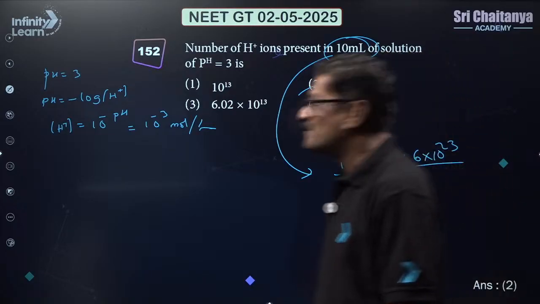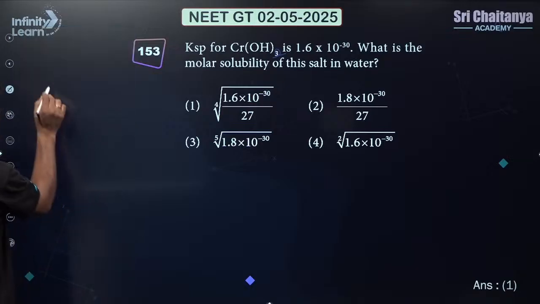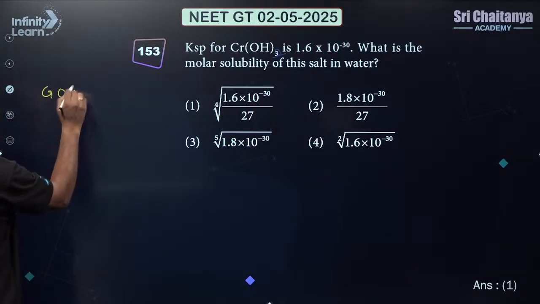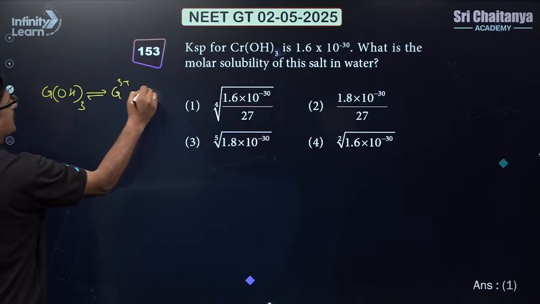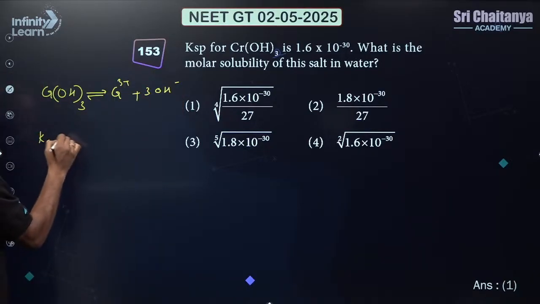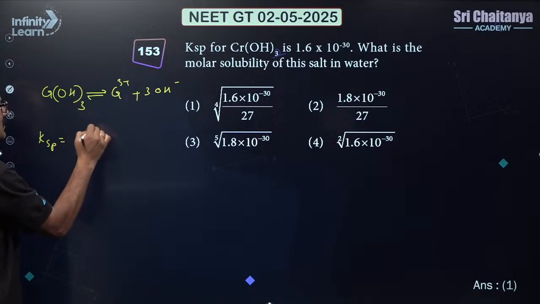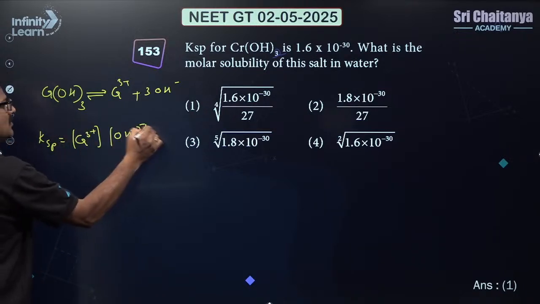Understand? Next, KSP of Cr(OH)3. Cr(OH)3 gives rise to Cr3 plus and 3 OH minus, and the KSP value is equal to Cr3 plus times OH minus cubed.